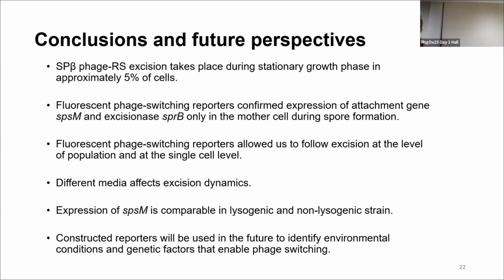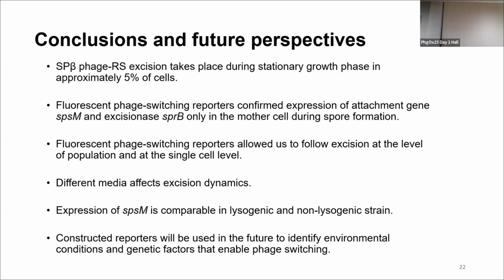So in the future, now I will use these reporters to test many more environmental conditions to identify new ones that could trigger this process. And then this will be also used to identify genetic factors, which are either phage-borne or bacterial, to see how the regulation from both sides comes together to regulate this process.